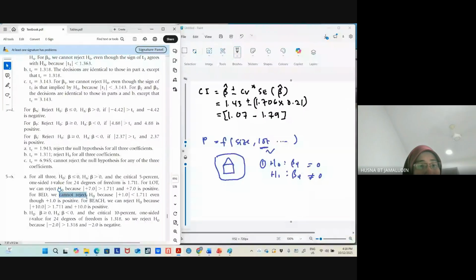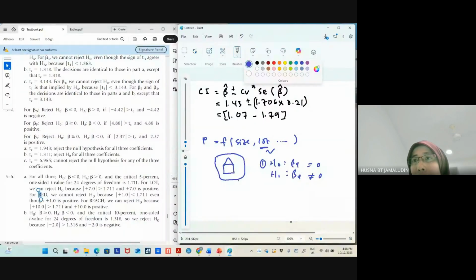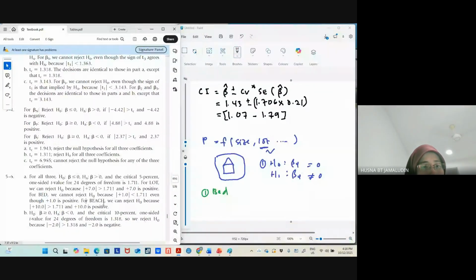We cannot reject H naught. What is this? Bed. So take note. Let me write it here. Bed is not significant. First, bed. What else? We reject, we reject, we reject. All are rejected except for bed. Is it?